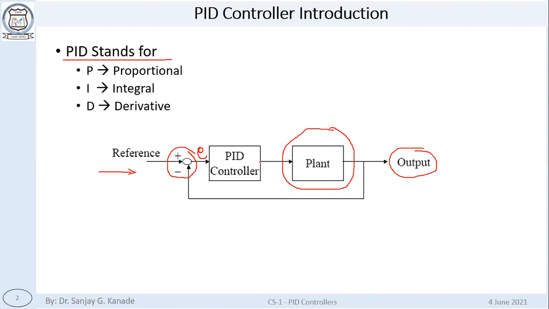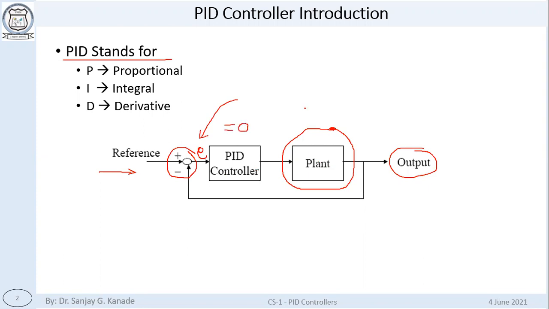Once the output is generated by the PID controller, it is given to the plant, and because of that output the process variable will get corrected, and the output is measured continuously, and there will be a stage when this E will be 0.